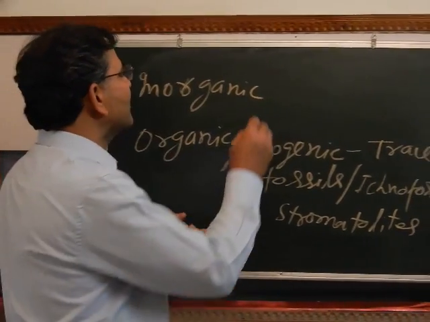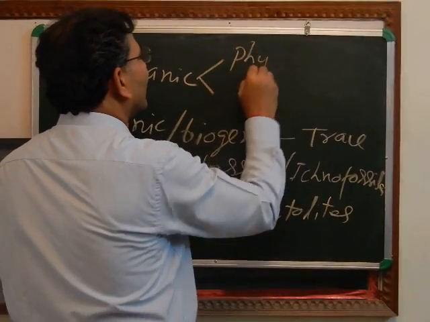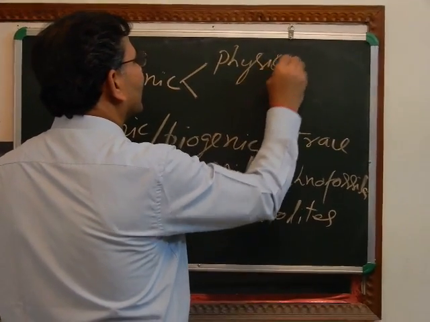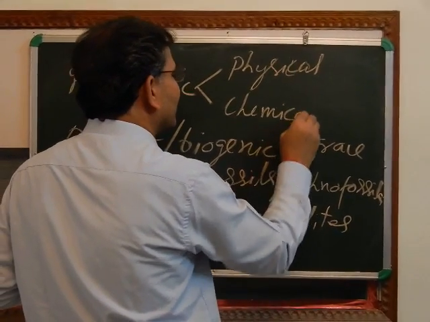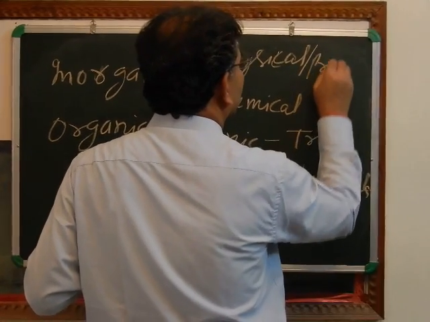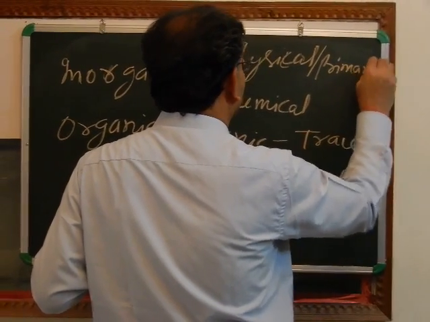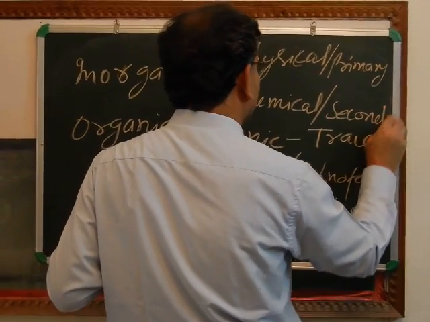And the inorganic sedimentary structures are of two types: the physical sedimentary structures and the chemical sedimentary structures. The physical are also known as primary sedimentary structures. Chemical is also known as secondary sedimentary structures.